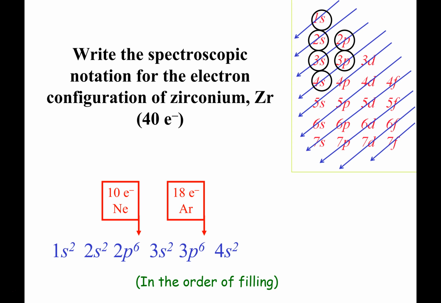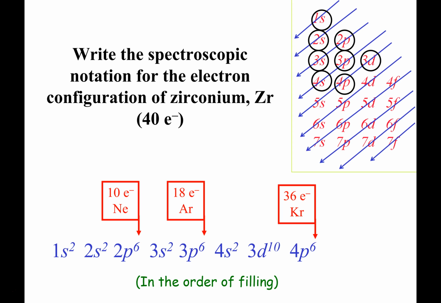Now where do we go, and how many electrons? 3d10, I agree, we're at the top of that next arrow. 3d10 will get us, let's see, 12 plus 18, you're still at only 30? So we need 10 more. Where do we go next? 4p, yep, and since we need 10, we're going to fill it. So we must be at another rare gas. What rare gas would that be? Krypton.